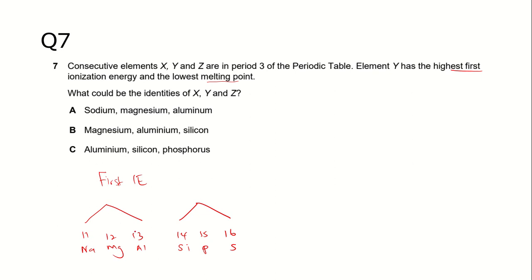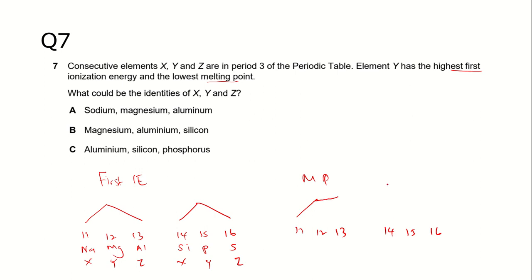So now I have two combinations which can be X, Y, Z. But then we also have to look at the melting point, 11, 12, 13, 14, 15, 16. Sodium increases to magnesium, then increases a little bit to aluminium.